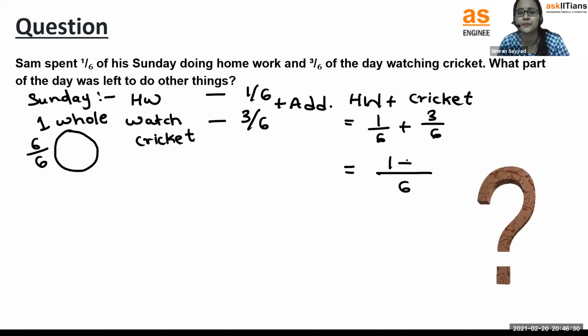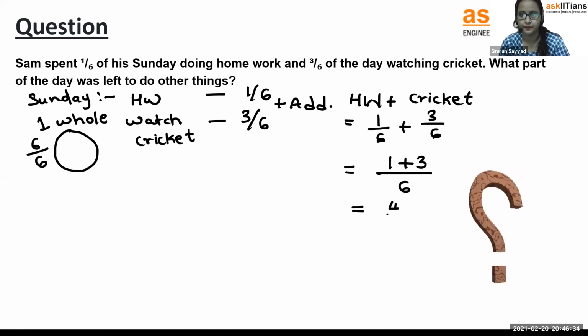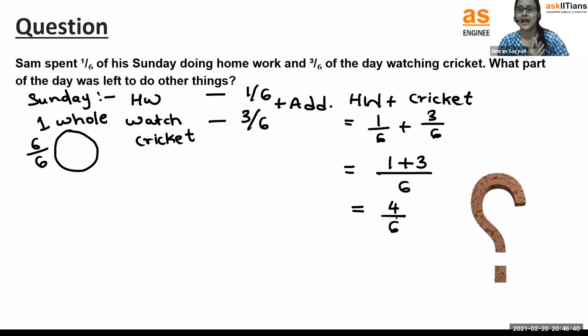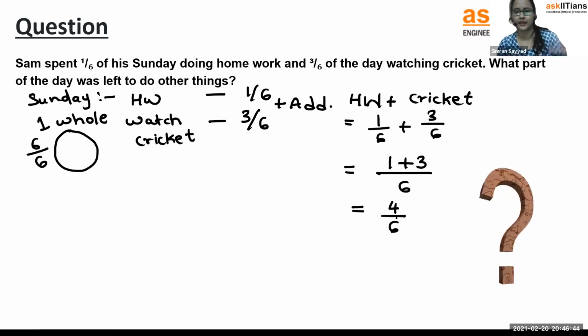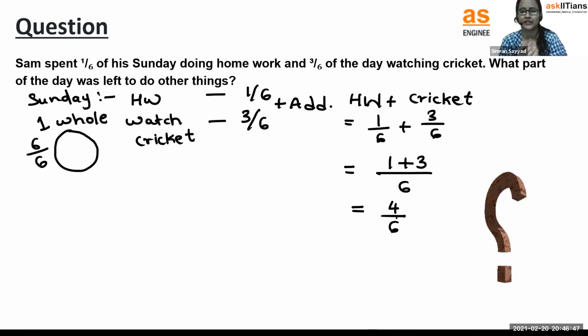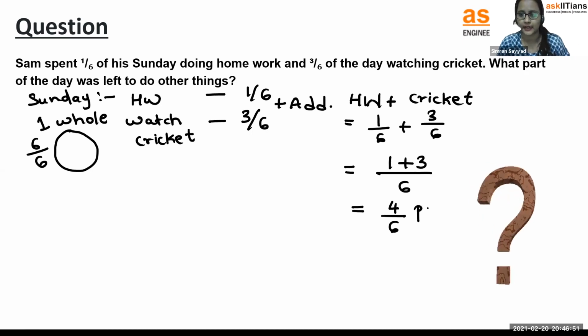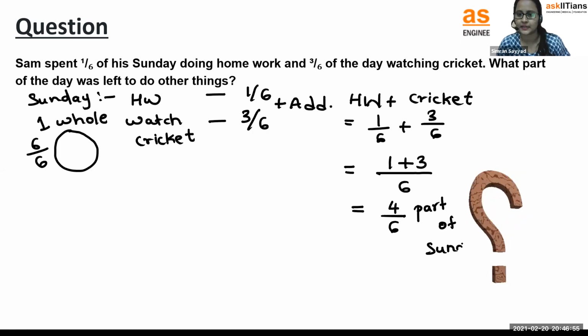So you can simply add the numerators. So you can see it is 4/6. So considering the whole Sunday, I have completed 4/6 part together. If I add homework and cricket, I can say 4/6 part of Sunday is completed.